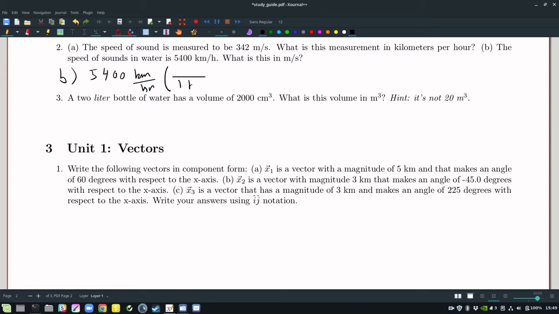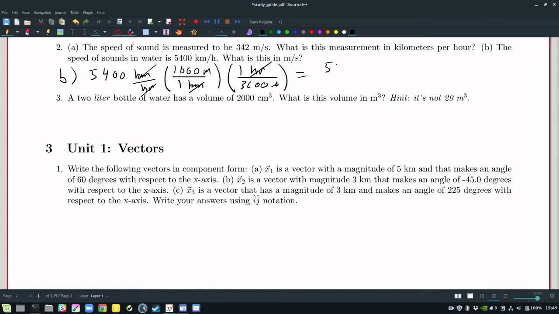So 1 kilometer needs to go in the bottom, and that's 1,000 meters. And then we want to eliminate 1 hour, and that's 3,600 seconds. So the kilometers cancel each other, the hours cancel each other. We're left with meters per second, but we have to divide by 3.6.